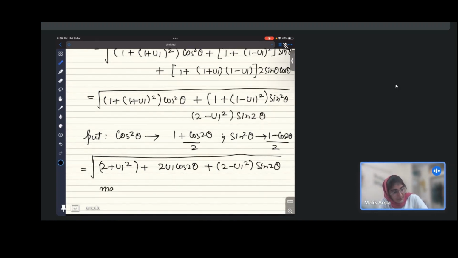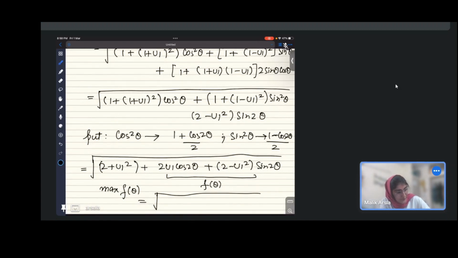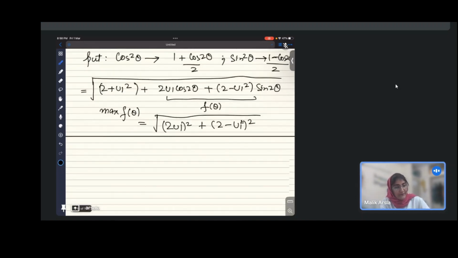Let me call this f of theta because it is a function of theta. So the maximum of f of theta will be under root of 2 u1 square whole square plus 2 minus u1 square whole square.